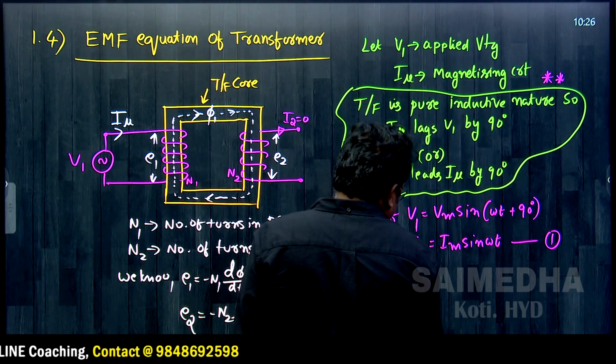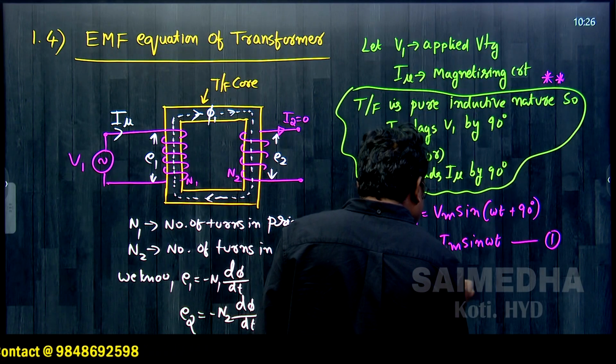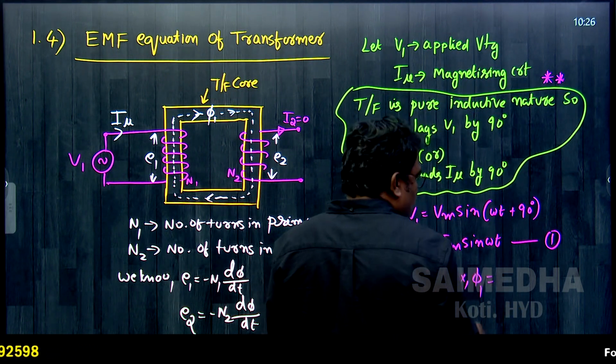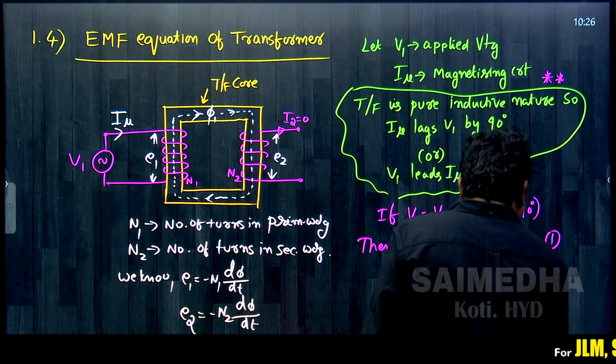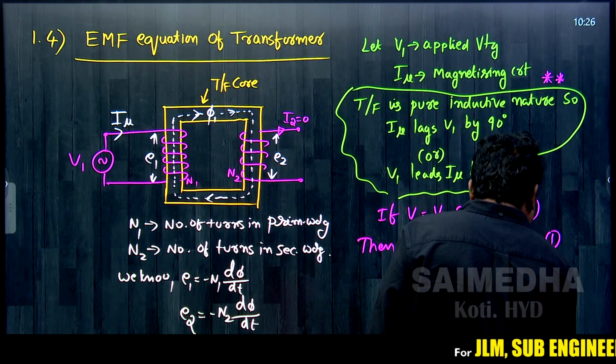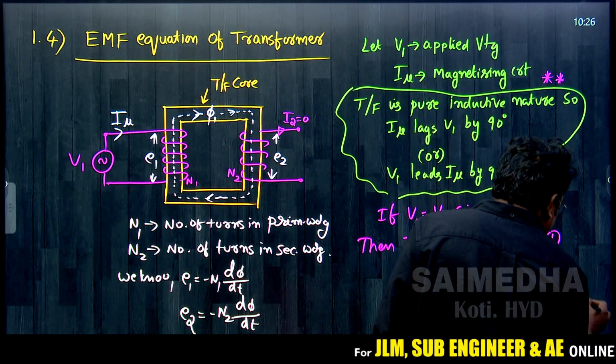But what is the flux? The primary flux of the transformer, phi 1, is equal to the mmf divided by the reluctance of the core.